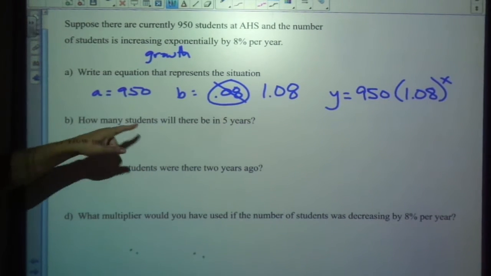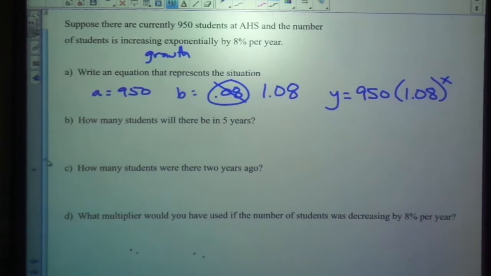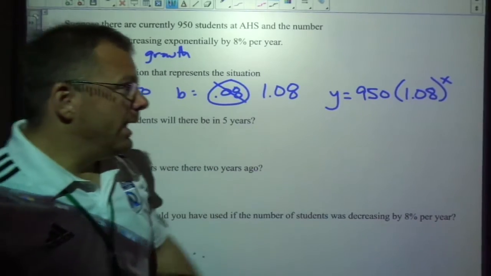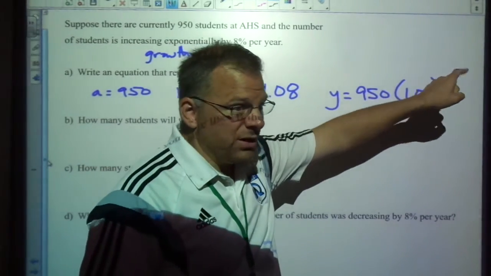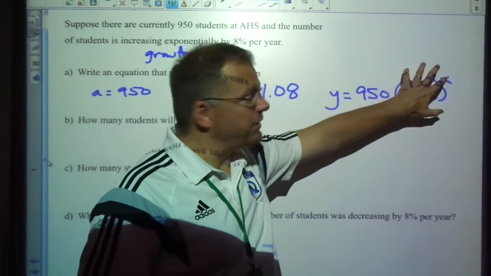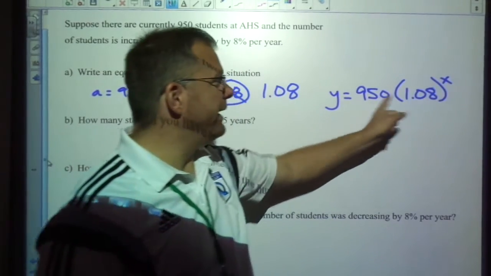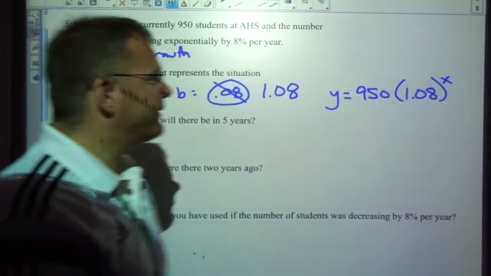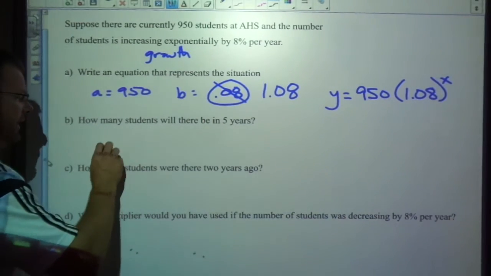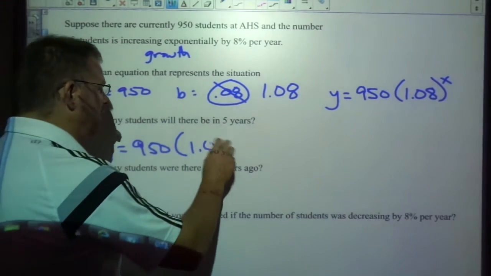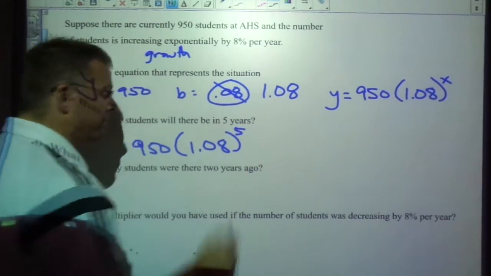Or it says, how many students will there be in 5 years? Well, in this case, y represents the number of students there will be. X is number of years. In year 0, we know there's 950 students. In year 1, if this was 1, we'd be multiplying it by 1.08. We just have to keep changing this exponent. So in 5 years, it would look like this. 950 times 1.08 to the 5th.